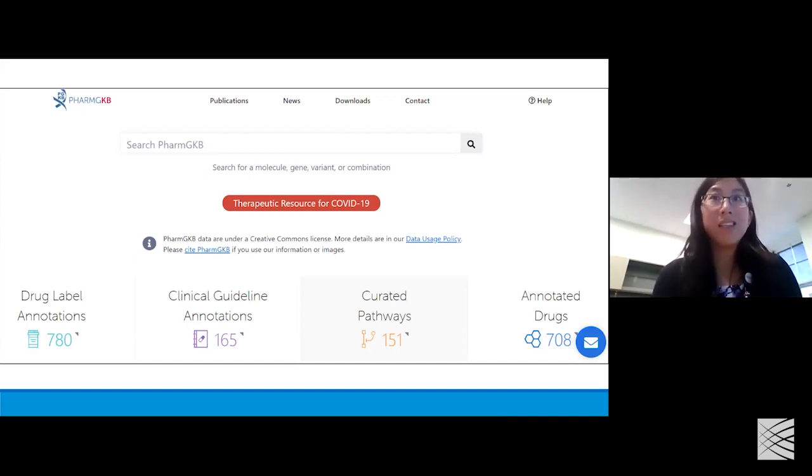They include the guidelines such as the CPIC ones I had mentioned. They have diagrams, some of which I showed earlier in this talk, that depict the pharmacokinetics and pharmacodynamics of a given drug with relevant pharmacogenetic associations. And then you can actually search and look at what literature has been published on some of these.